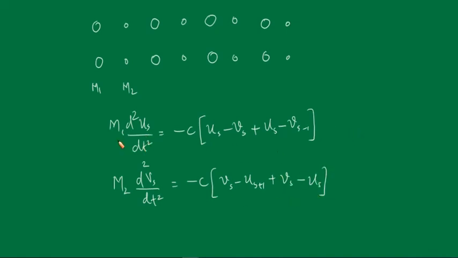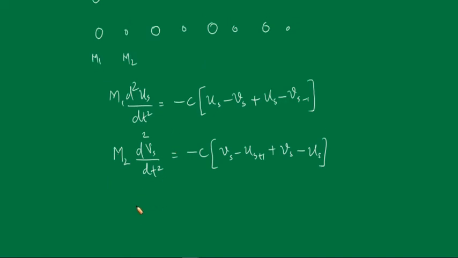The first equation can be written as m1 d square u_s divided by dt square is equal to C times (v_s plus v_{s-1} minus 2 u_s).